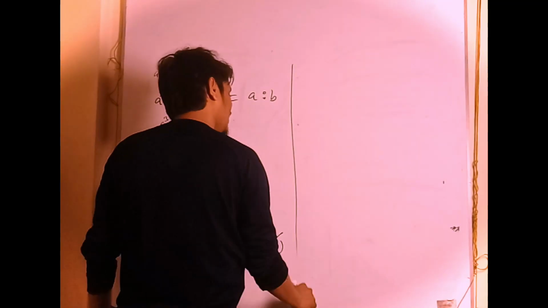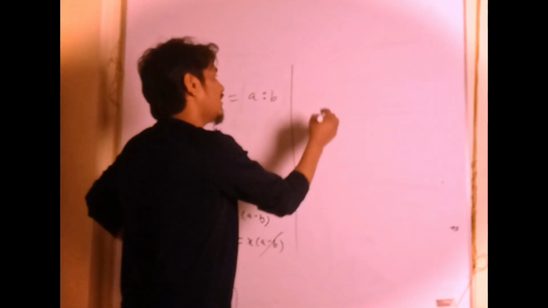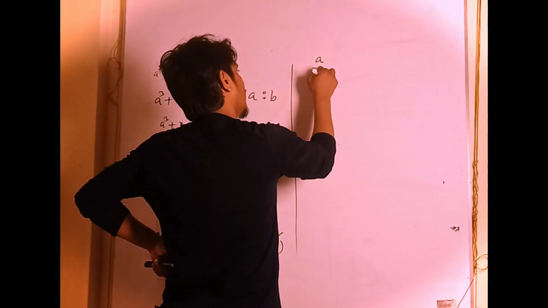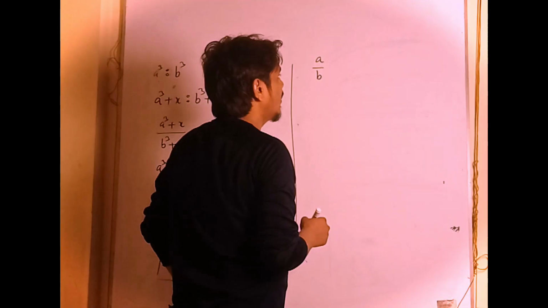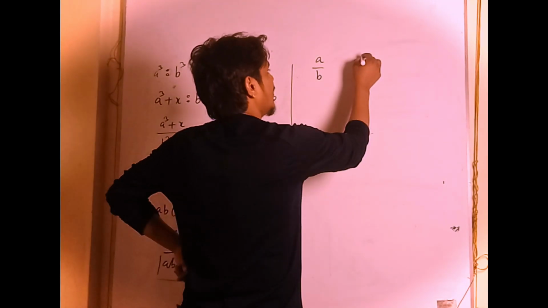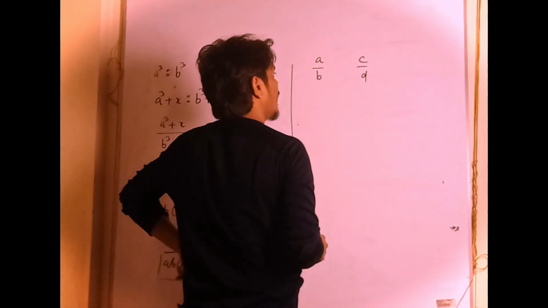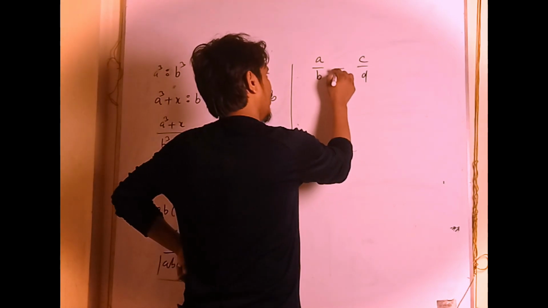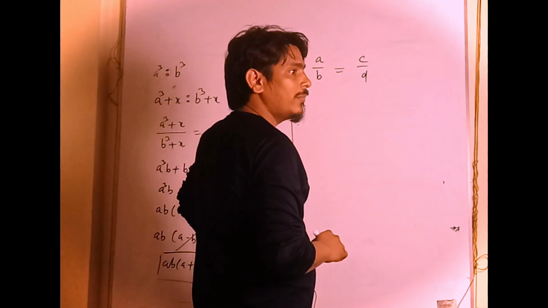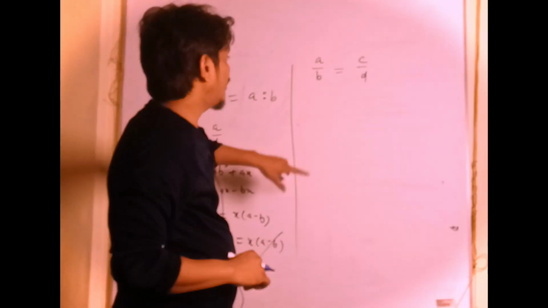We have seen the equivalent form of the ratio, means we have given A ratio B. I'm writing it in the form of A by B, which is nothing but A ratio B, and we have given C ratio D. If both A ratio B and C ratio D are equal, it means what?